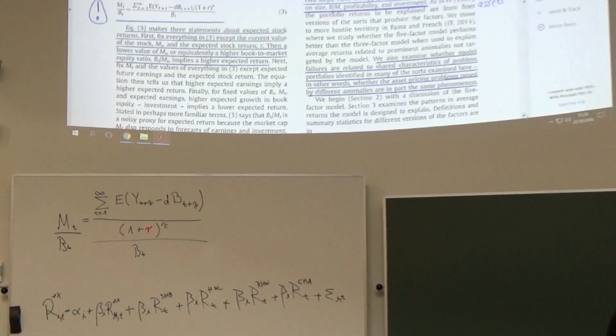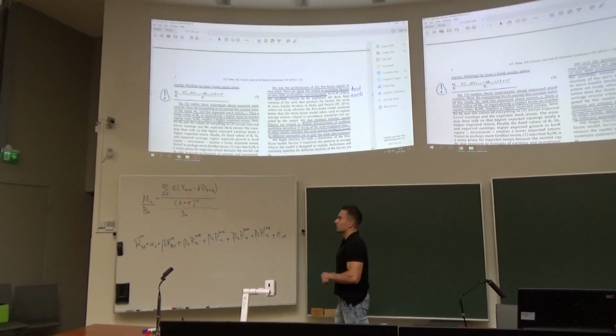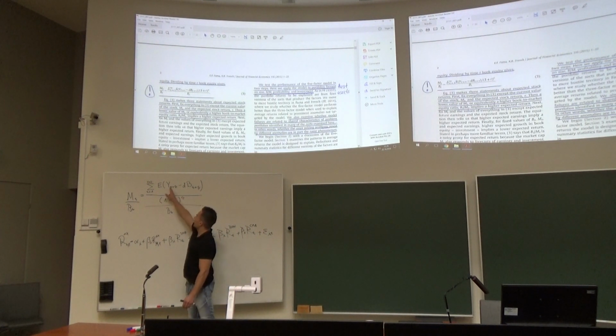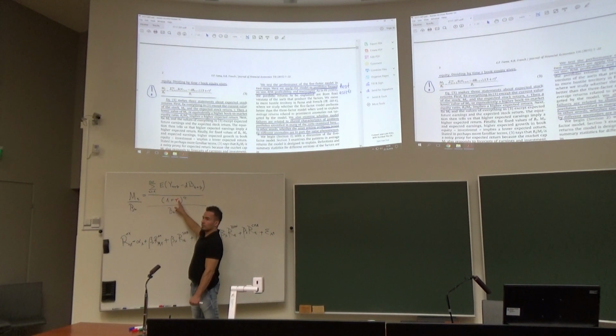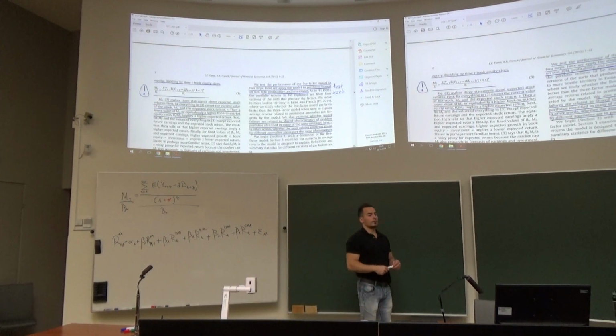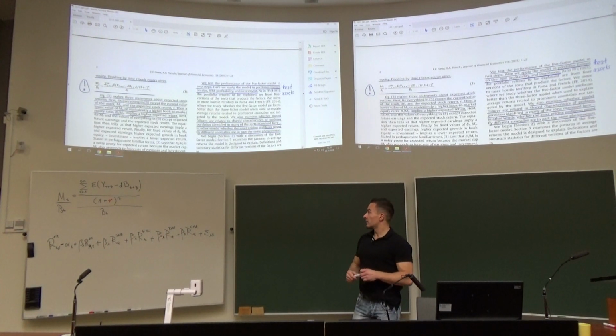It's the same argumentation, so that the term here is equal, and if Y increases, then of course R needs to increase as well, so that we have the equilibrium again. That's why stocks that have a higher profitability are associated with higher expected returns.